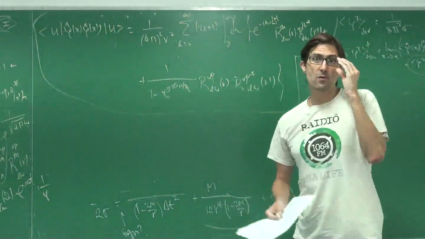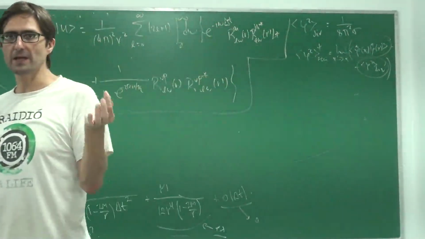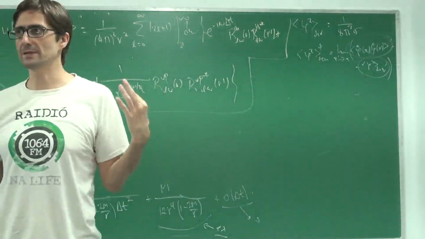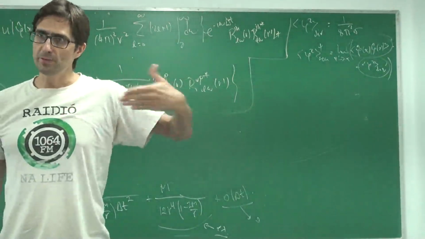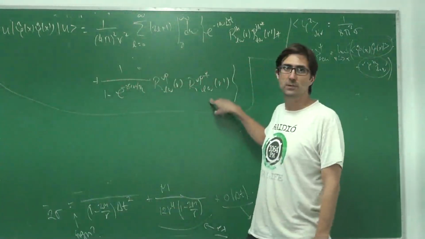Remember before I was saying that for the Unruh state we've thermalized the up modes, we haven't thermalized the in modes. I gave you a preview of this. You can see how the thermal factor is only in the up modes.